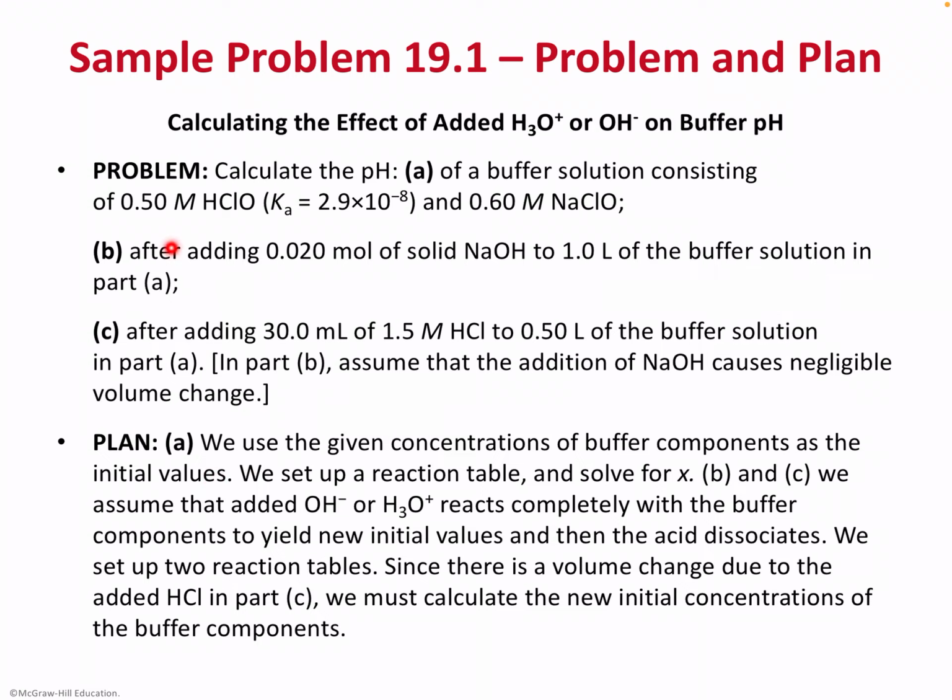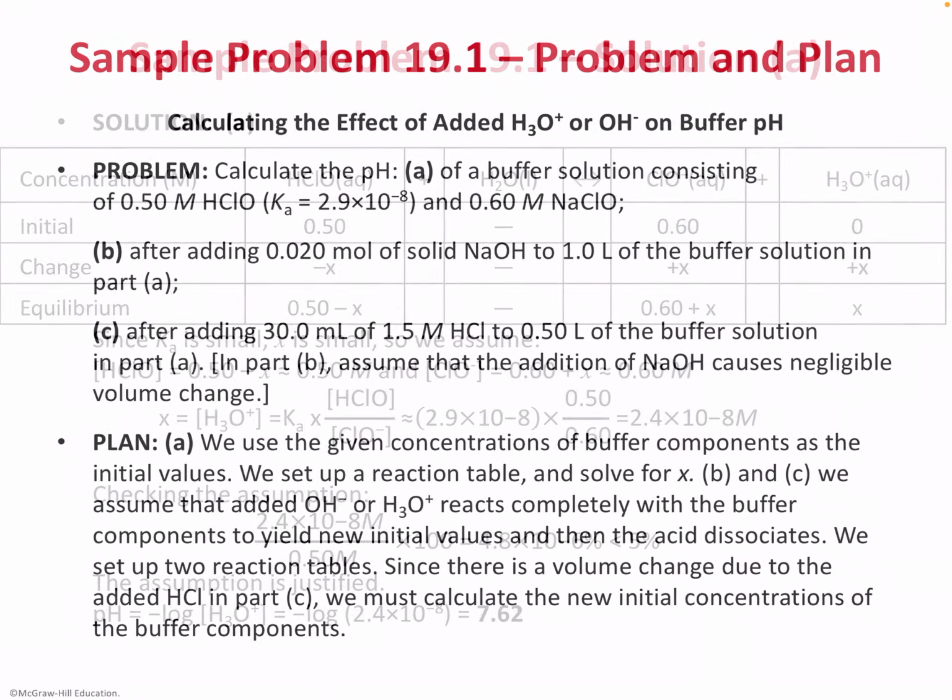We are given initial concentration of acid 0.5, conjugate base 0.6, and then we set up a reaction table and solve for X. X would be the amount of hydronium ion, and I will show you in the next slide. For B and C, we assume that added hydroxide or hydronium react completely with the buffer to yield new initial values, and then the acid dissociates. So let's go one at a time.